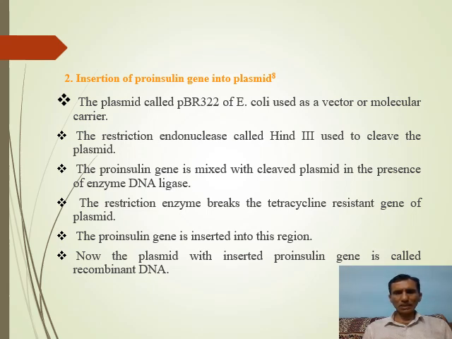The restriction enzyme breaks the tetracycline resistance gene of the plasmid, and the proinsulin gene is inserted into this region. Now the plasmid with inserted proinsulin gene is recombinant DNA.